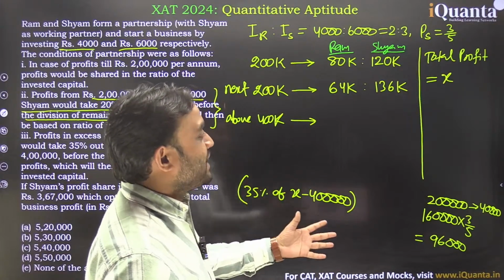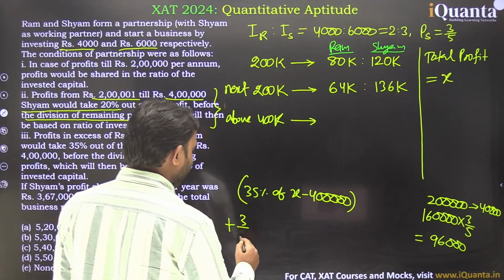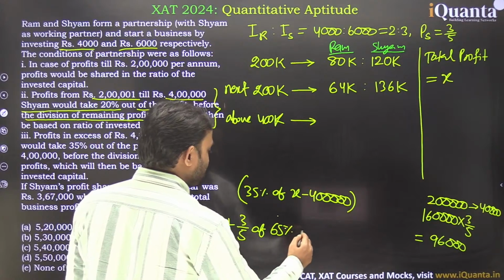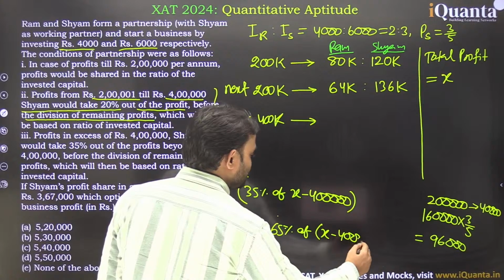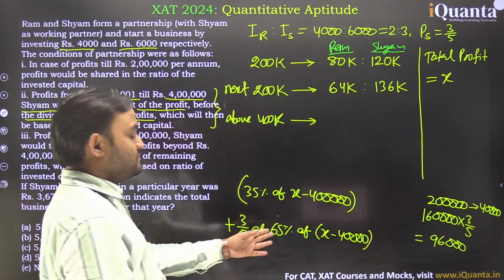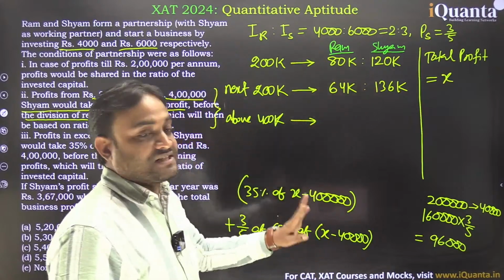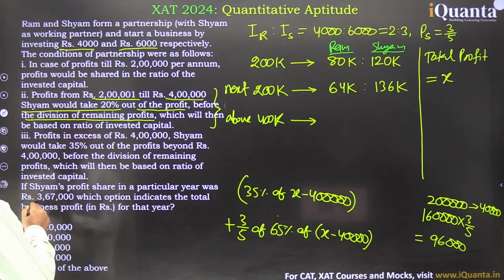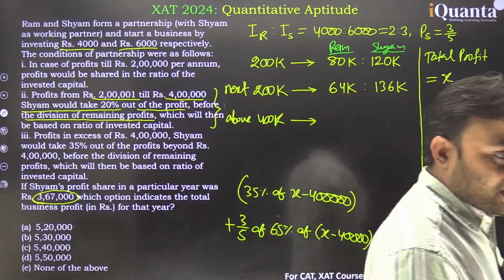And then the remaining, plus 3 by 5 of 65% of X minus 4 lakhs. Can we say this? So this plus this plus this should be equal to 3,67,000. Is that correct?